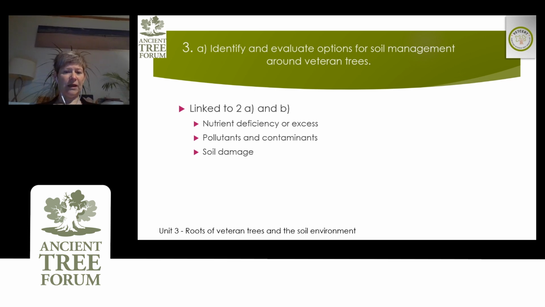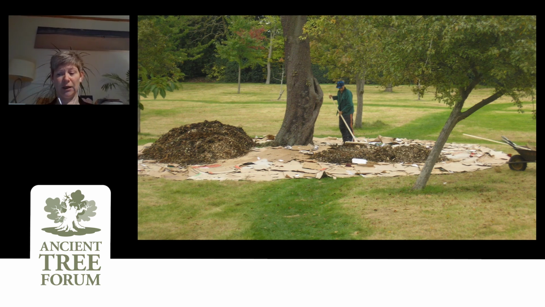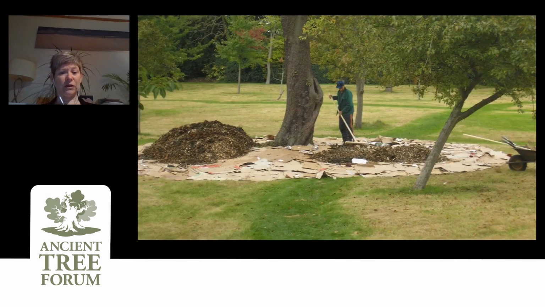So that's what we've talked about here, nutrient deficiency or excess, which relates back to what we've just talked about, and the physical soil damage as well as the erosion. So here is an example of some work that's been done about mulching a tree, and there's all sorts of different techniques out there. We have a fact sheet about mulching, but of course clearly it's about removing whatever is causing the problem.